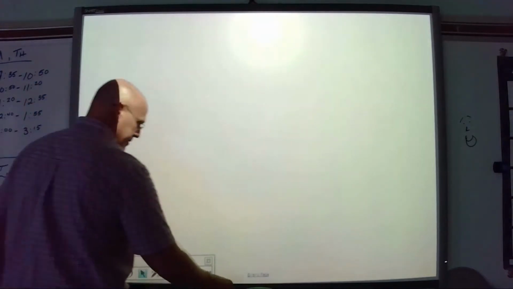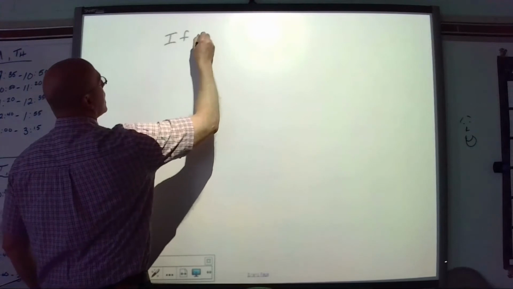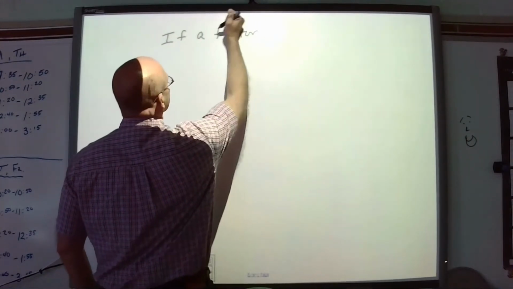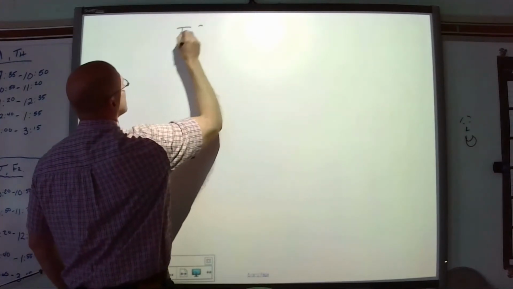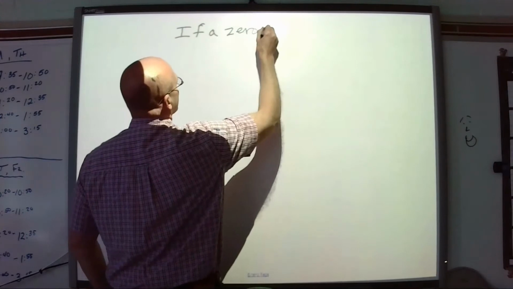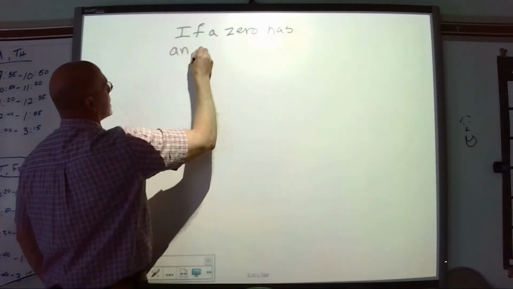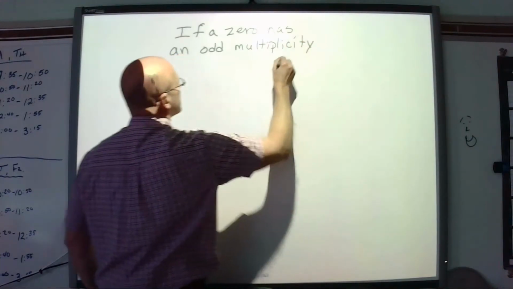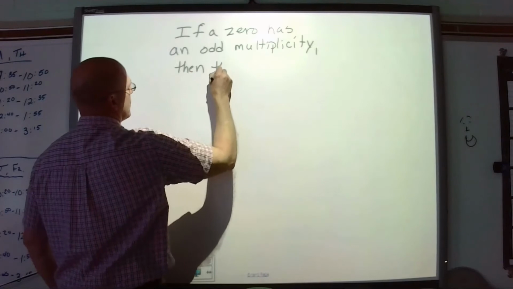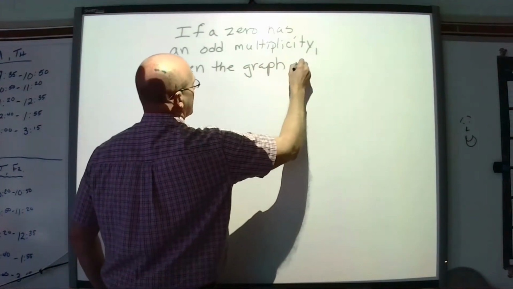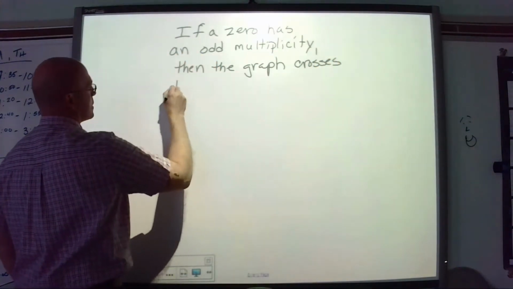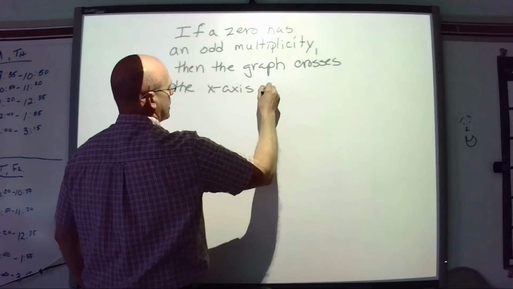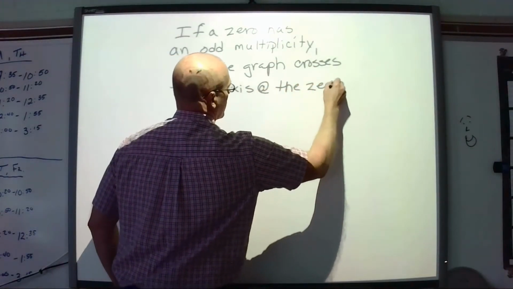I think some of you know. Here it is. If a 0 has an odd multiplicity, then the graph crosses the x-axis at the 0.